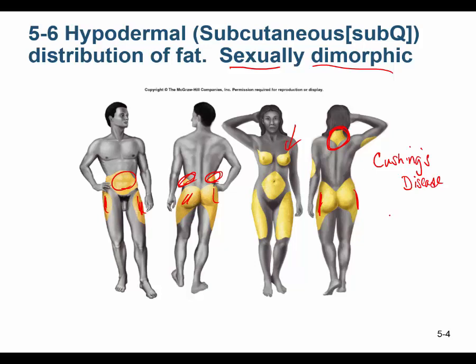What it does is it causes you to pack a lot of fat onto the back of your neck and between your shoulder blades, between your scapula, and it gives you this humpback appearance. So you can see that in some diseases. All right, so that's hypodermal fat.